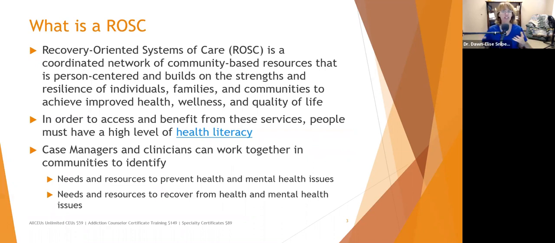So case managers and clinicians, again, we can work together, we can work with clients to identify what needs and resources need to be represented in this recovery-oriented system of care in order to best serve our community, to help them prevent problems, to increase protective factors, and to mitigate risk factors.